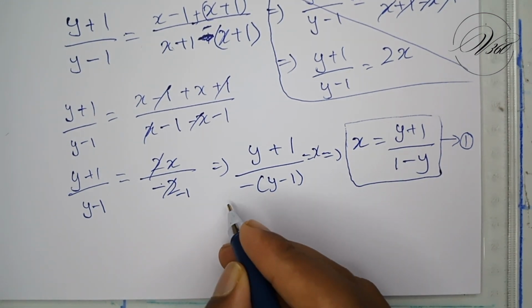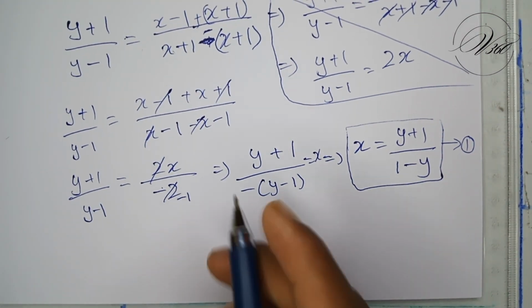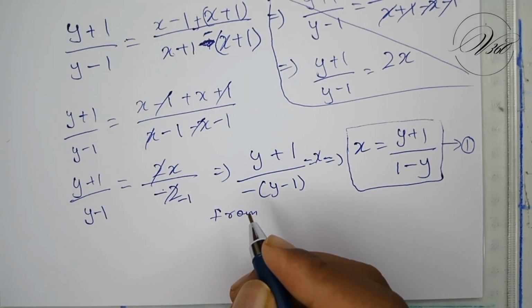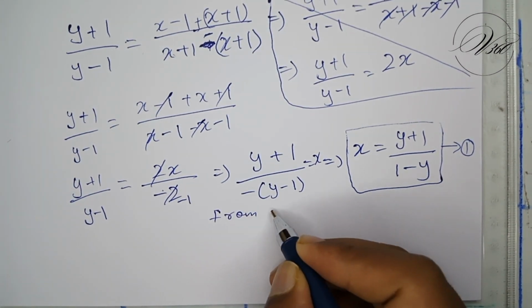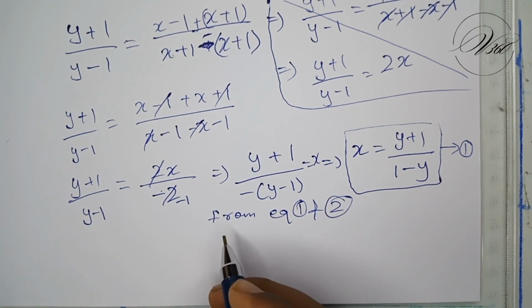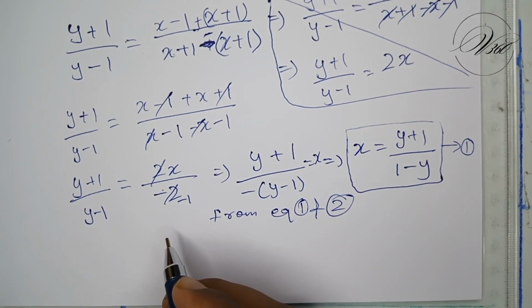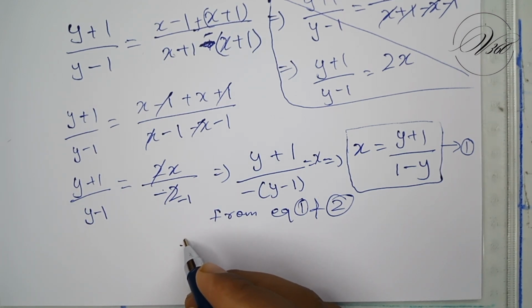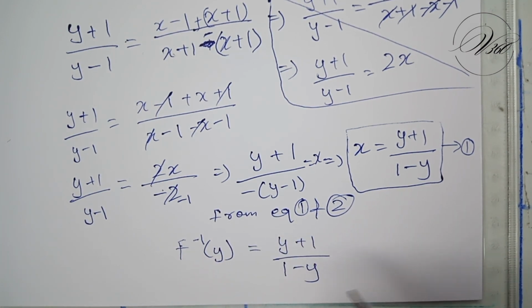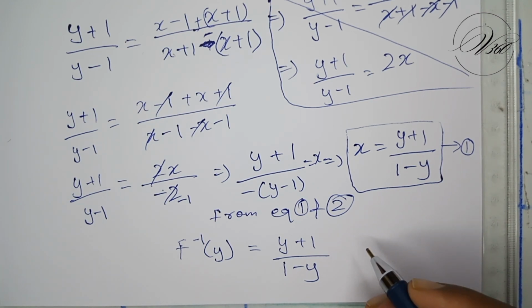Okay, from equation 1 and 2 we will get f inverse of y is equals to y plus 1 by 1 minus y. This is what we will get.